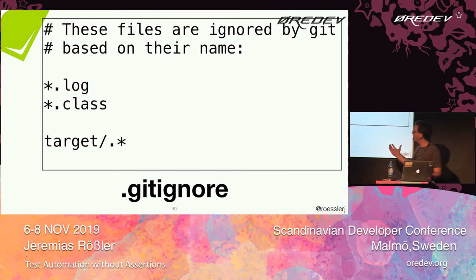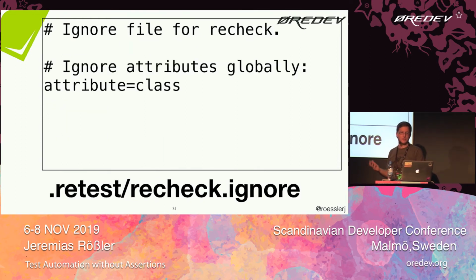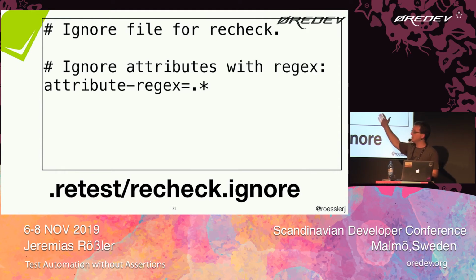So as I said, with git ignore, you have an ignore file. And with Recheck web, which is what I'm talking about, or Recheck in general, which can be applied also to XML and other things, we created something similar, so you just globally specify the attributes that you don't care about. Like you can say, I don't care about the class attribute. I don't care, like you could use regex, I don't care about anything data.